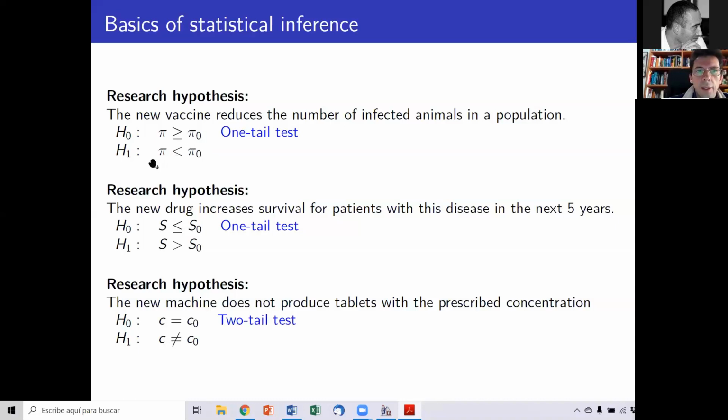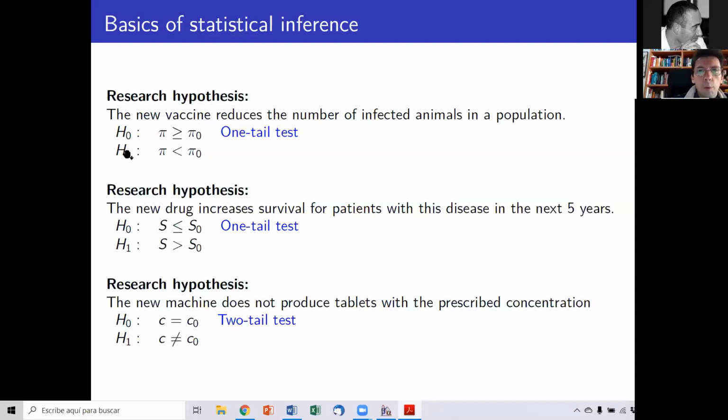In a hypothesis test, you always have two opposing hypotheses. One is the null hypothesis, which is what you want to disprove, and the other is the alternative, which is what you want to prove.